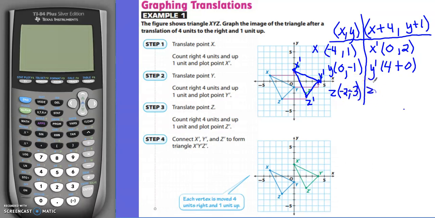Alright, so if we do z prime, we have negative 2 plus 4 is 2. And negative 3 plus 1 is negative 2. So we go over 2 and down 2. That's right.